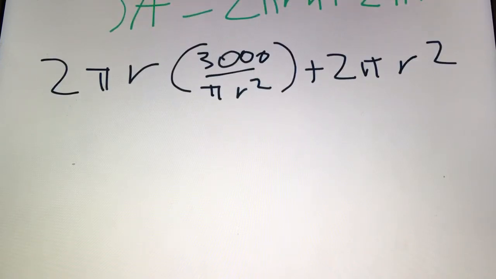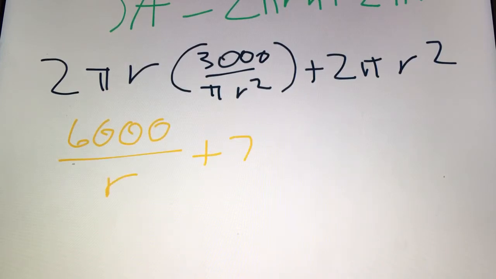We can simplify that to 6,000 over r plus 2 pi r squared. And now we only have r's, and that's great. We can find the minimum of this equation to find the minimum surface area.